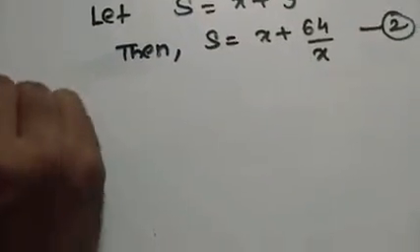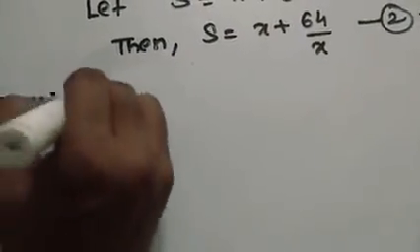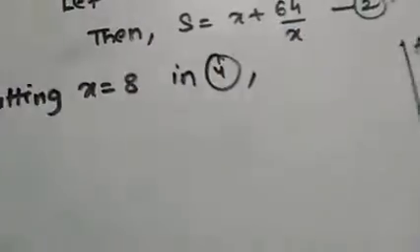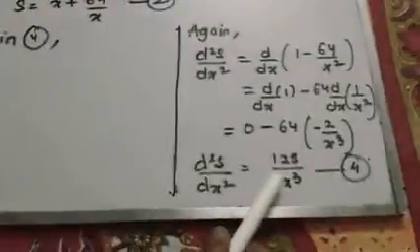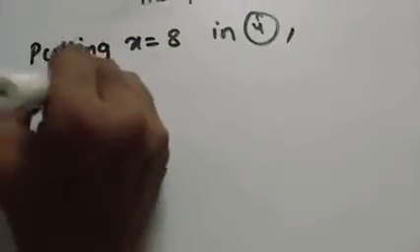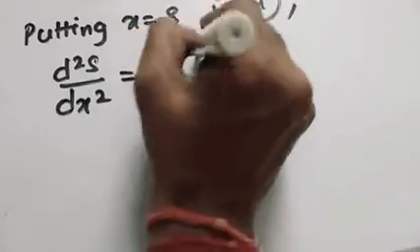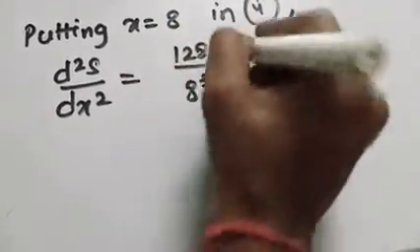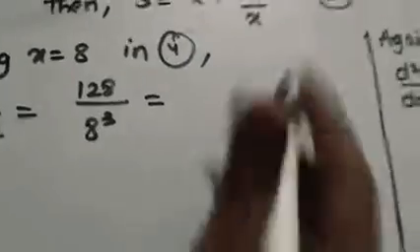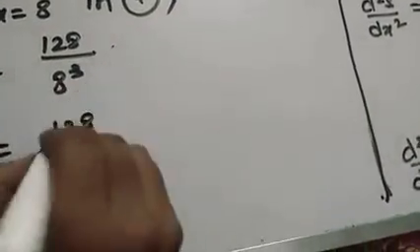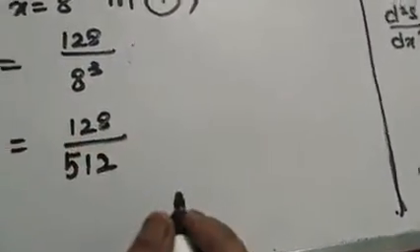So putting x equals 8 in 4, this is our 4. d2s by dx2 equals 128 by 8 cube. And 8 cube is 512.